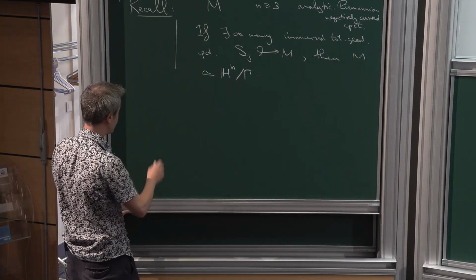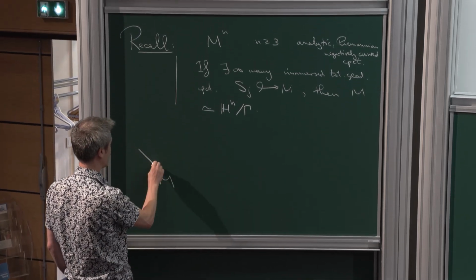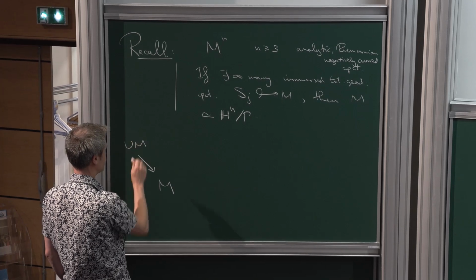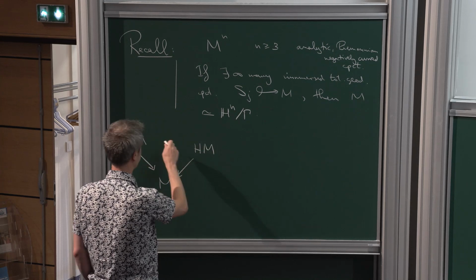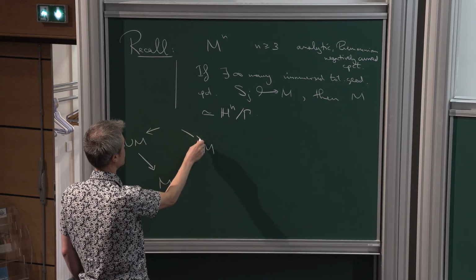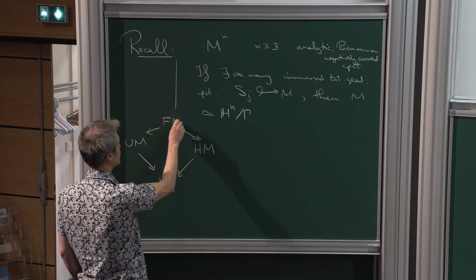So we had the diagram, we had M, we had the unit tangent bundle, and we had the hyperplane bundle, and we had the set where these two things were incident.